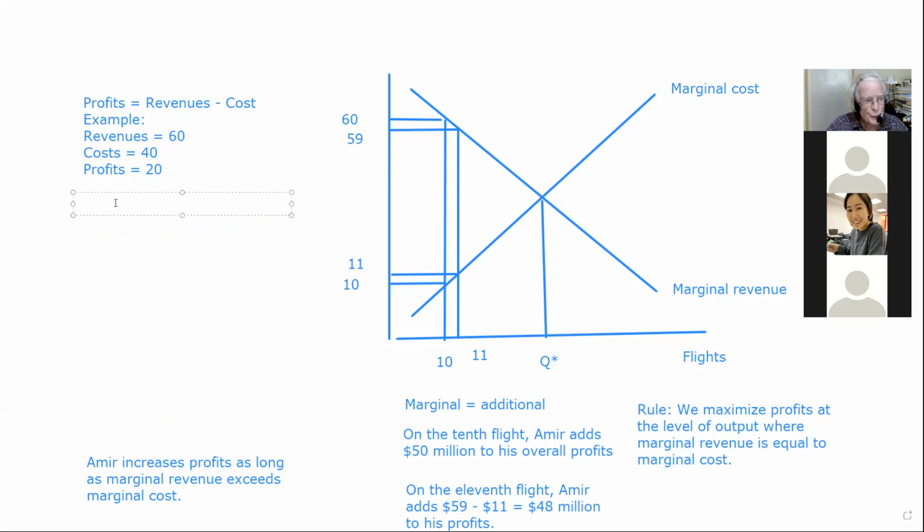Actually, we could have arrived at the result by using a bit of calculus. So I will denote profits as Z in this case, and Q is the number of flights, R for revenue, and C for cost.